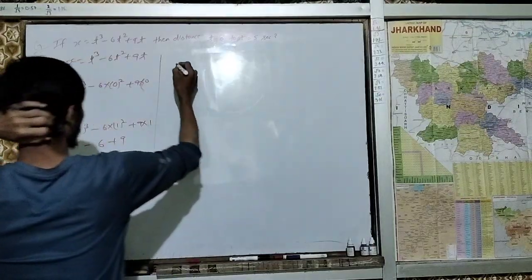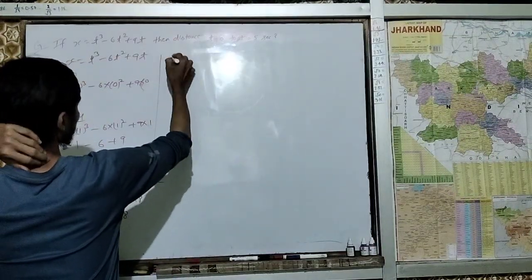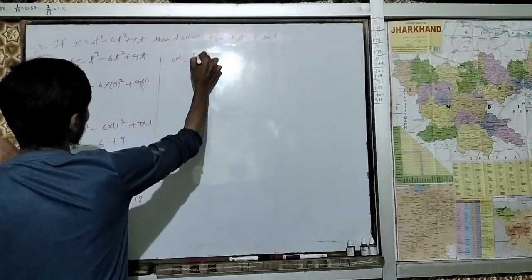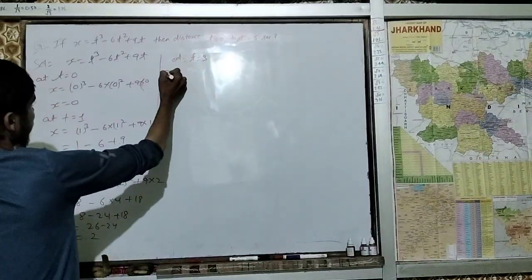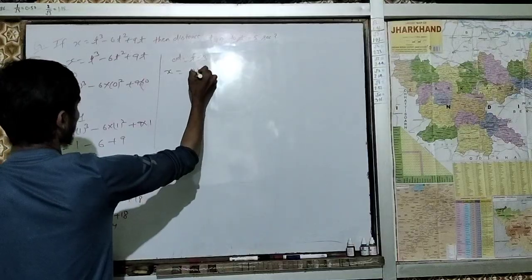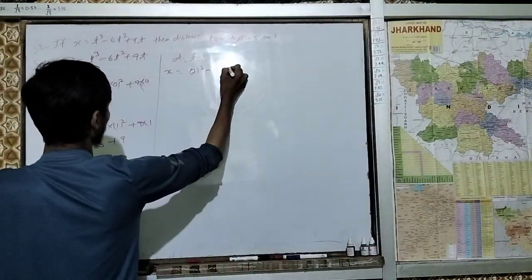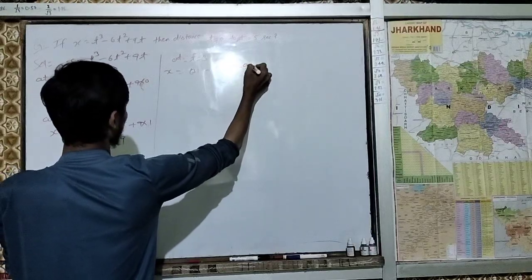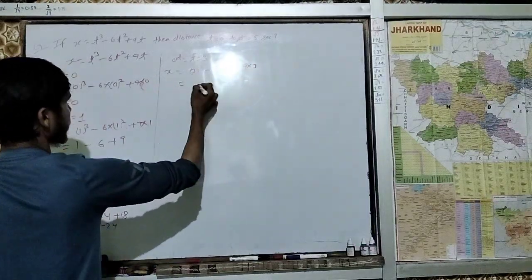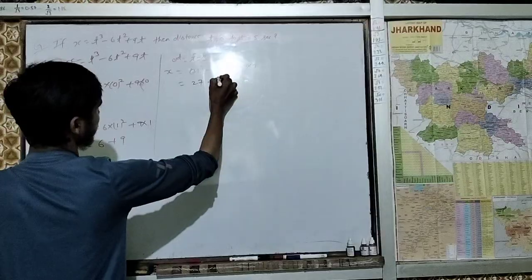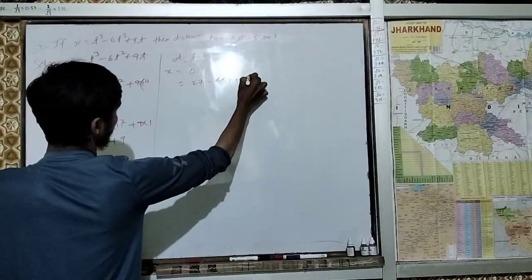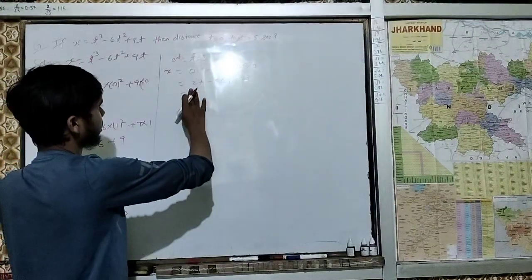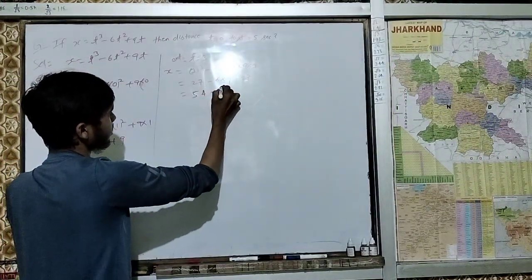Now next, at t is equal to 3. In that case, minus 6 multiplied by 3 raised to power 2 plus 9 multiplied by 3. 3 3s are 27. Then 6 multiplied by 9, it is giving you 54 minus.